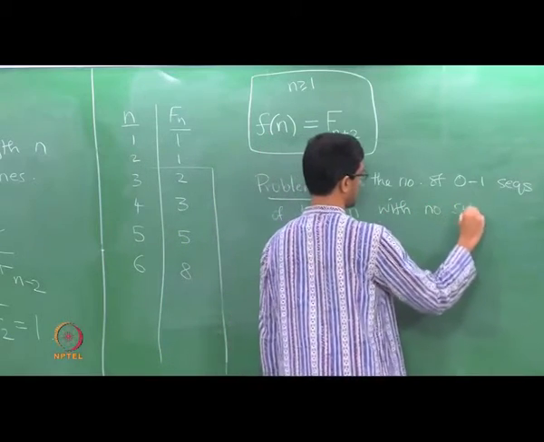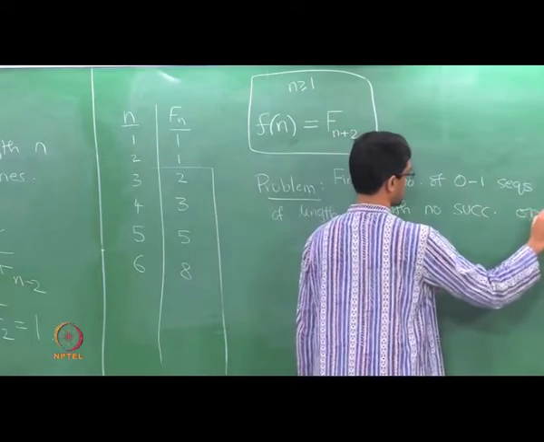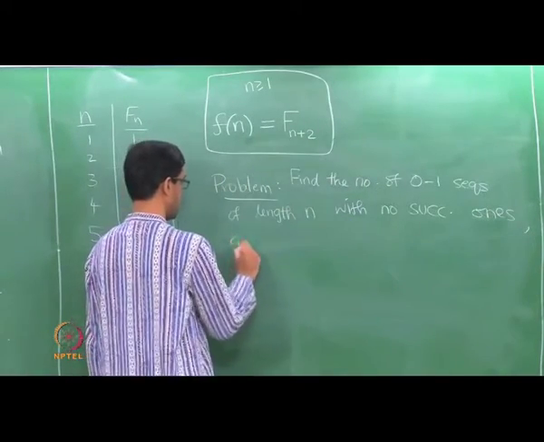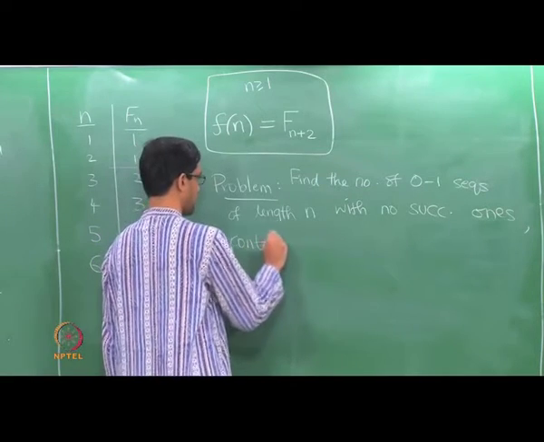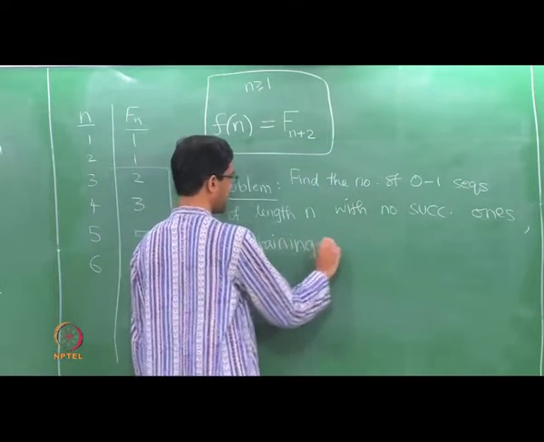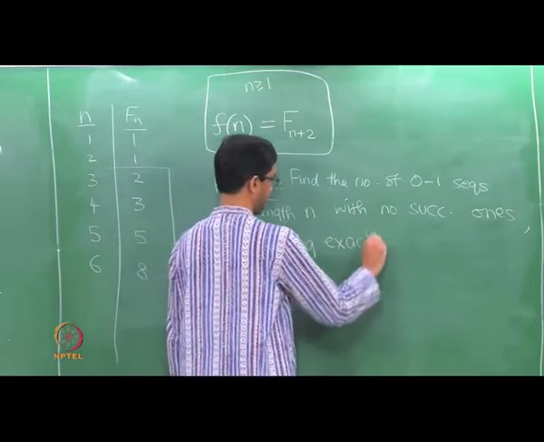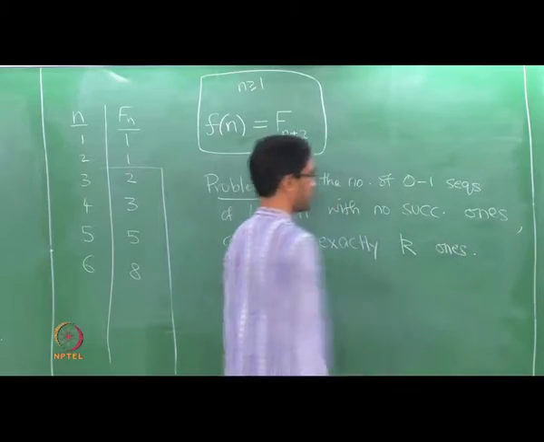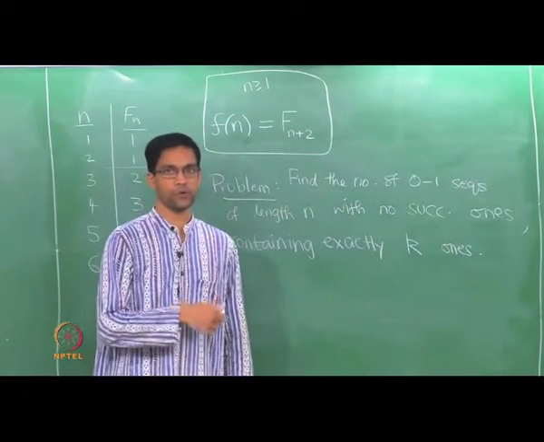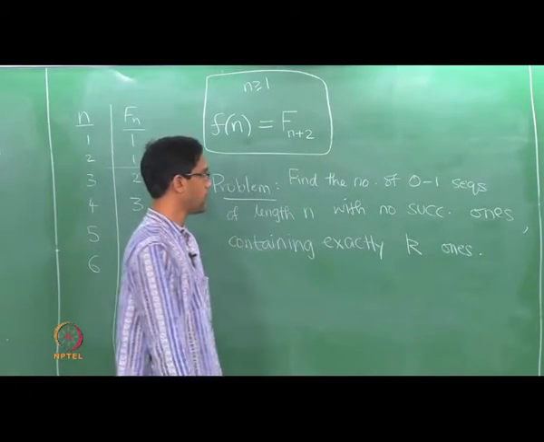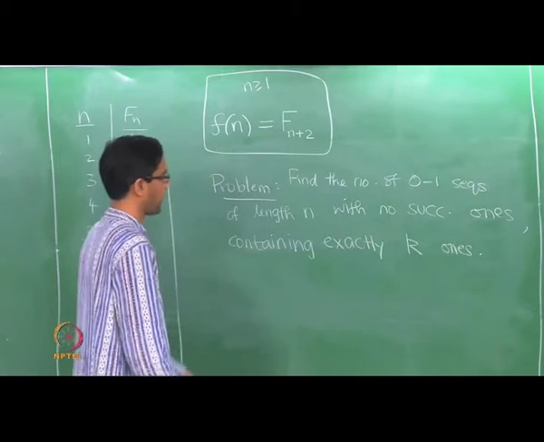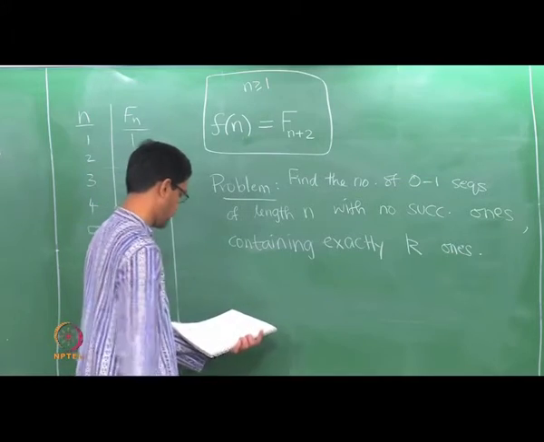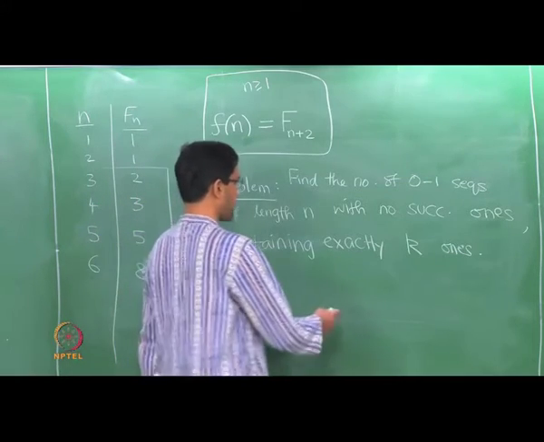with no successive ones. So far it's the same condition, but let's impose one further condition, that it contains exactly k ones. Okay, so we have a further parameter k, and we now want our sequence to have length n, and also it should have exactly k ones. Okay, so well, if it has k ones, what does it mean?